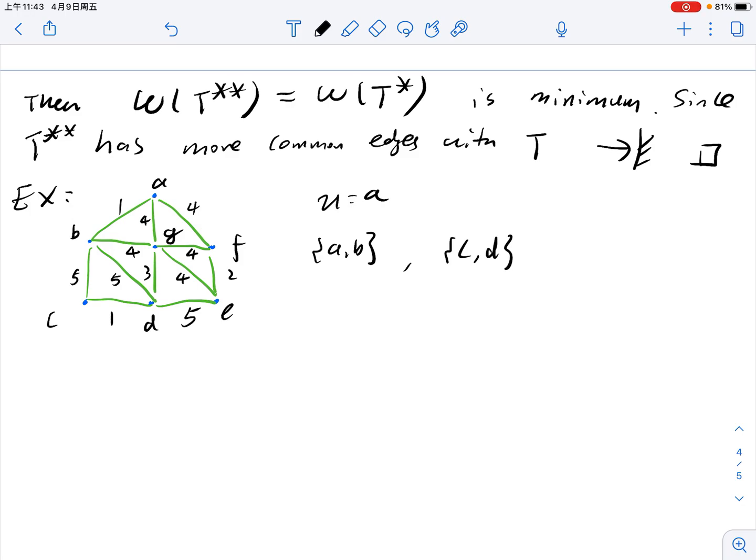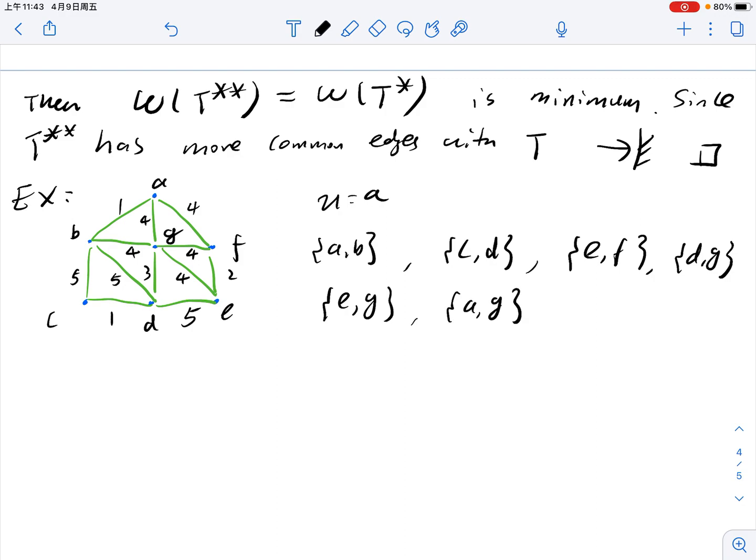Here we don't need to put in edges connected to the previous ones. We just choose the ones with smallest weight which contain no cycles, CD. And then we have EF, then DG, EG, AG.